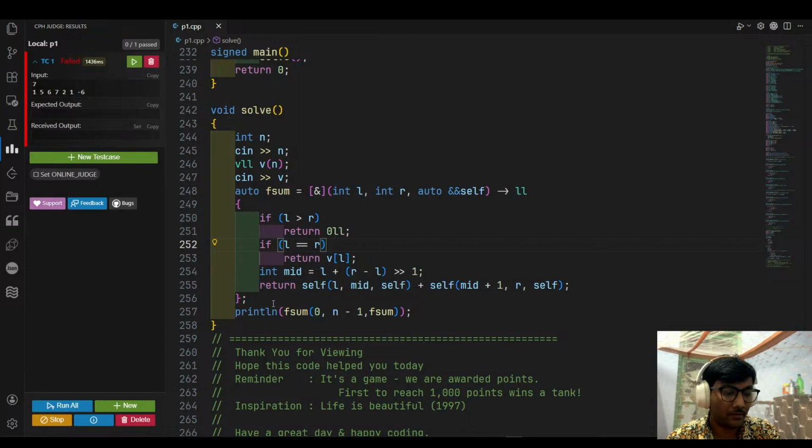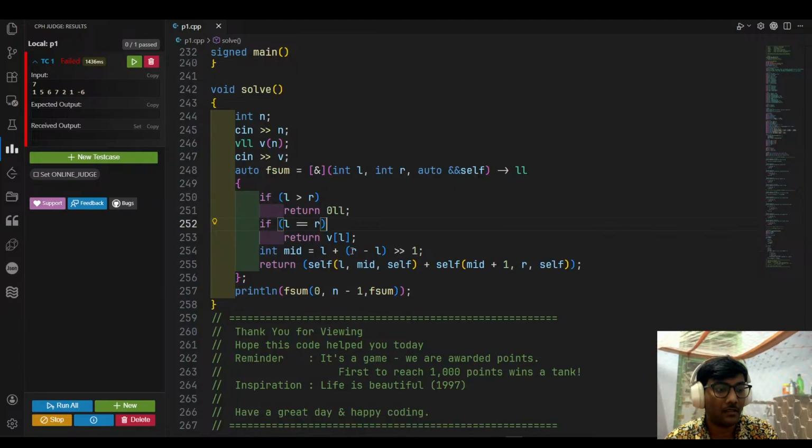It's not giving the sum of it. If L is greater than R, then 0; if L is equal to R, return the element.